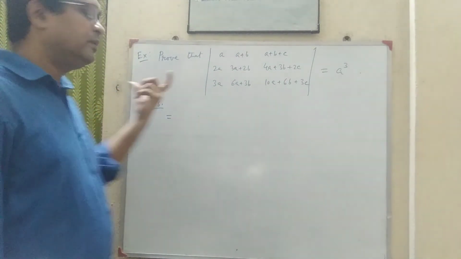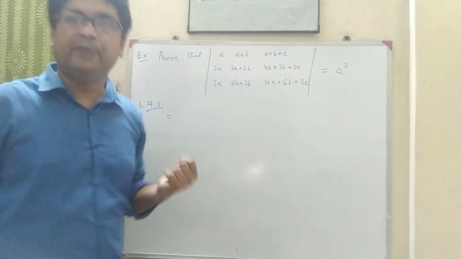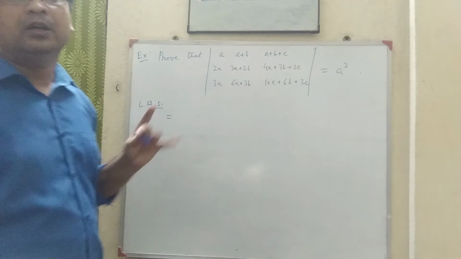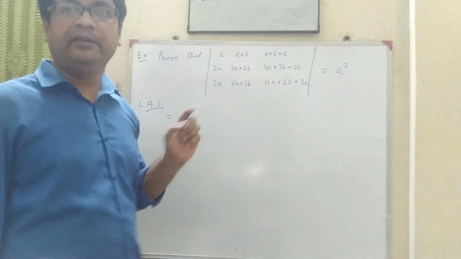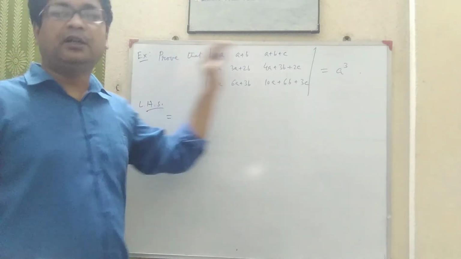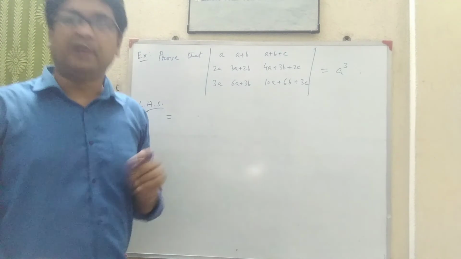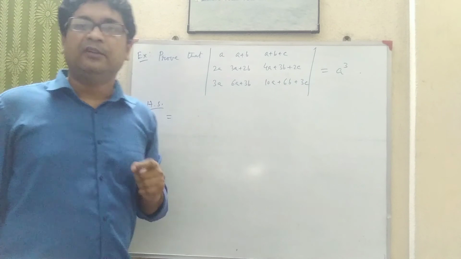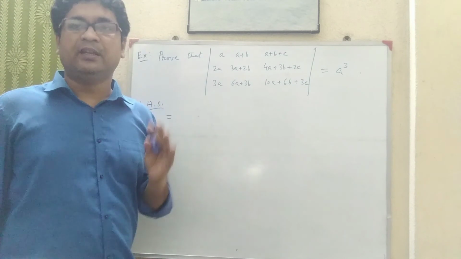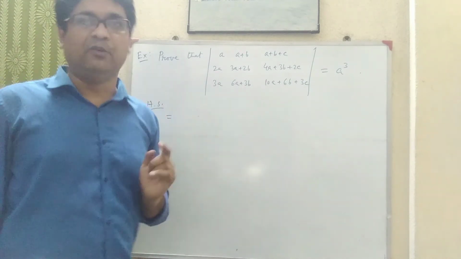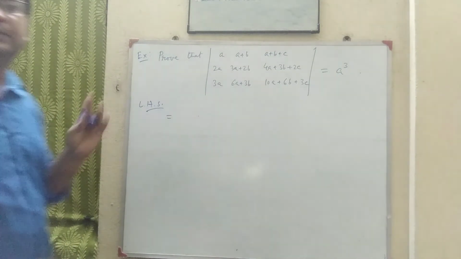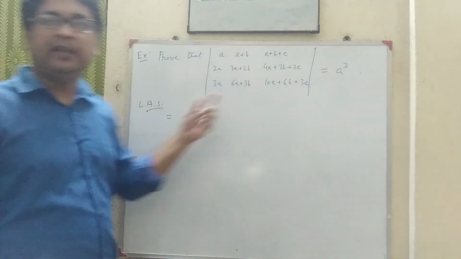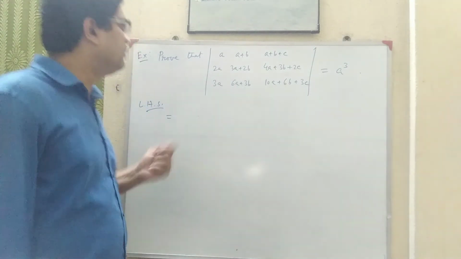Where without expanding will not be mentioned, you can expand at any stage, but don't try to expand the determinant at the very first step, because if you do so, the calculation will be very much complicated. So in this type of problem, our aim will be to make as many zeros as possible. So how we can make as many zeros as possible?